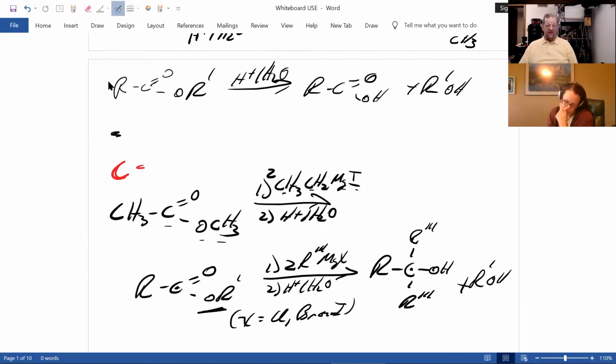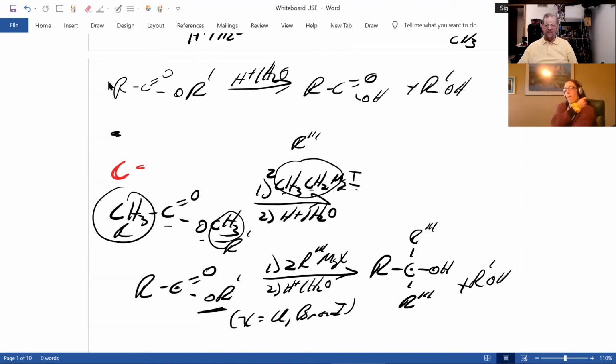So let's take a look at this. What's our R? Methyl. What's our prime? Methyl. What's our triple prime? And that's ethyl. So I have my carbonyl, which is no longer a carbonyl carbon. What's attached to it, our prime, methyl. We'll have a hydroxyl group.